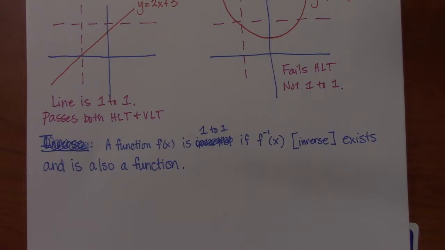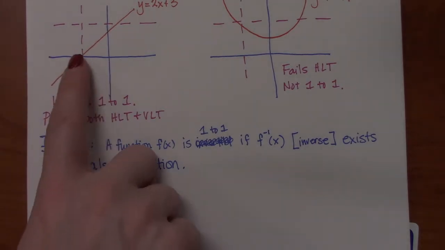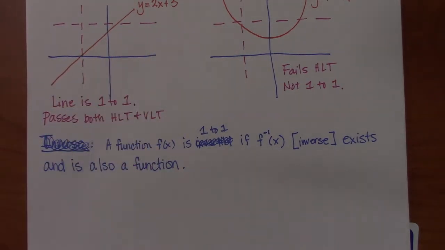We could graph it and look at it using the horizontal line test, or we could try to calculate its inverse, and I'm going to show you how to do that in a second. If the inverse exists, meaning you can algebraically come up with it, and that inverse function, when you graph it, is also a function, that's another way of verifying that it's 1-to-1. We were testing for that up here using the horizontal line test.